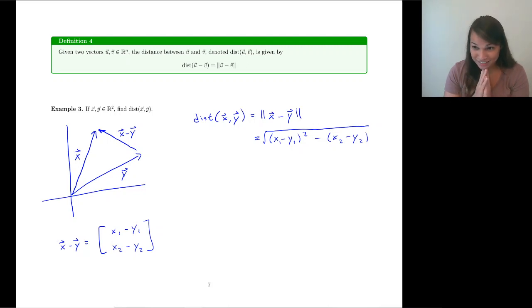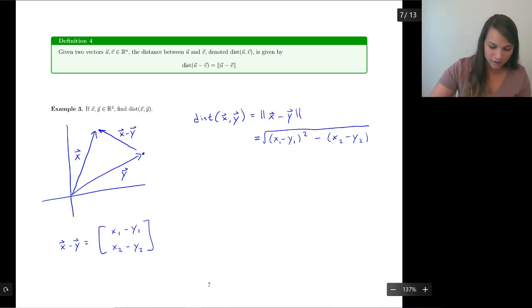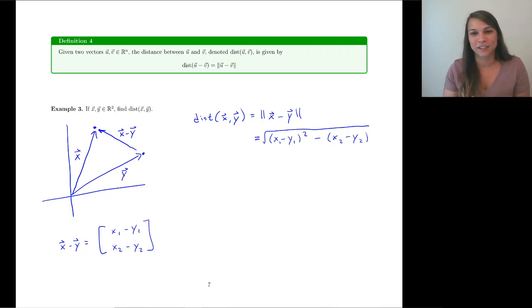I hope it does. It's the distance formula. You may not have used it in a long time, but remember finding the distance between 2 points? Well, that would be like saying, this point here and this point here, which would be the tips of our vectors. So really, the distance between u and v is just the distance formula, but generalized for vectors that aren't necessarily in R2.